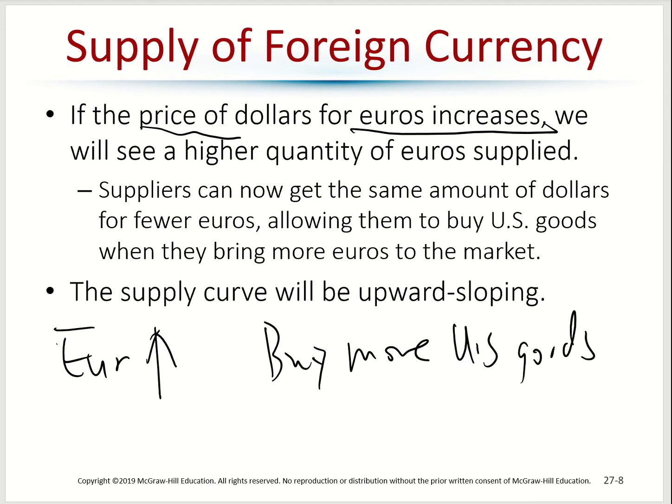But when they're buying more US produced goods, they have to exchange the euro to dollars first. So by doing so, they're supplying the market with more euro, right?